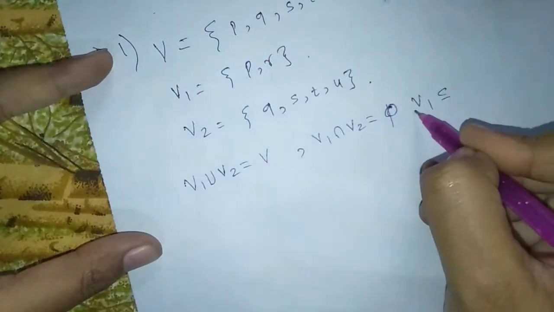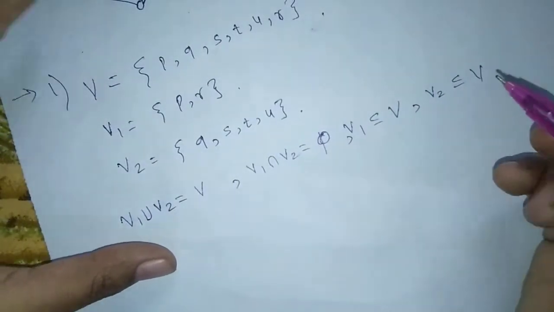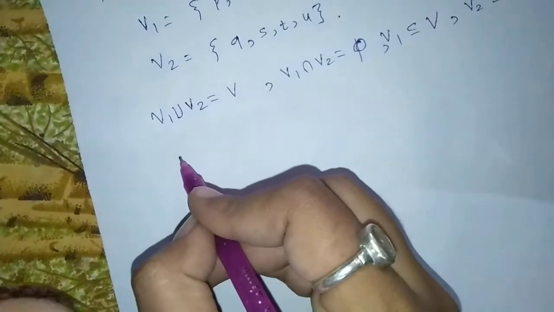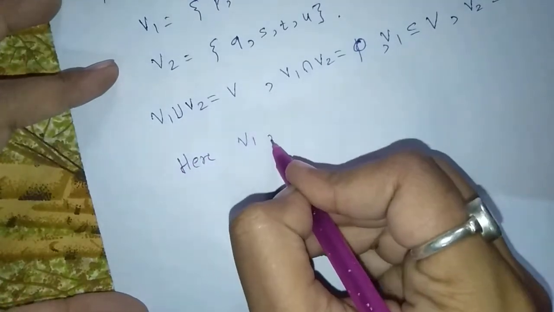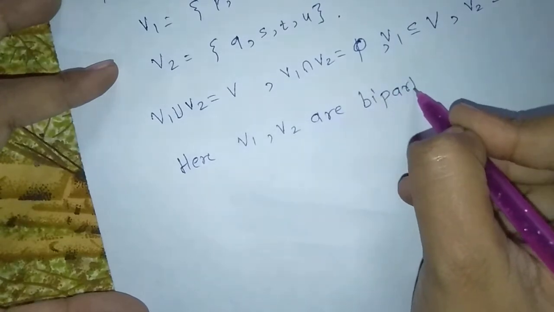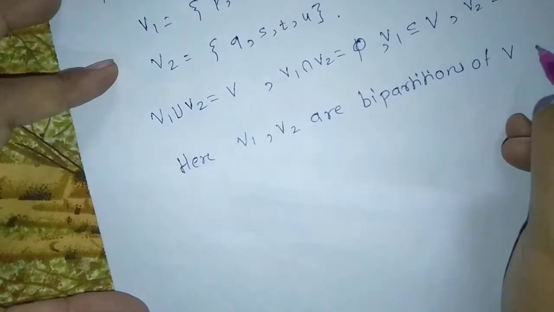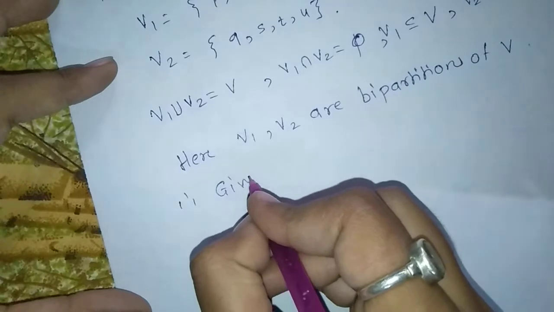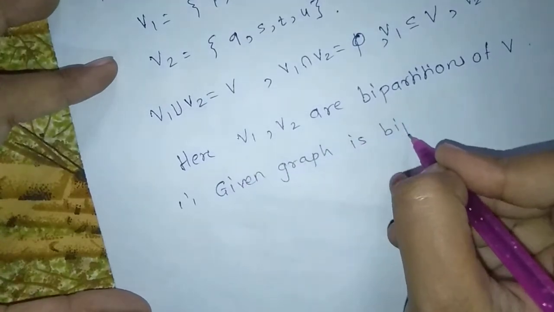Also V1 is a subset of capital V, V2 is a subset of capital V. Now, by the definition of a bipartite graph, V1, V2 are bipartitions of V. Therefore, the given graph is bipartite.